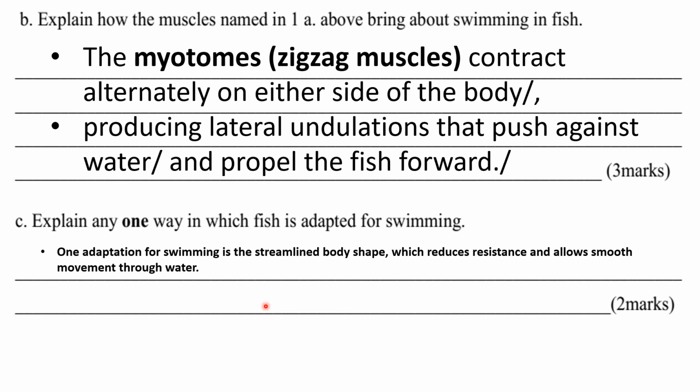Fish also have scales which overlap like tiles, in order to reduce friction even more. So these and many others are the adaptations of the fish to move in water or to swim.